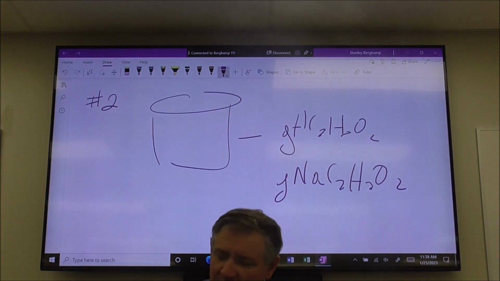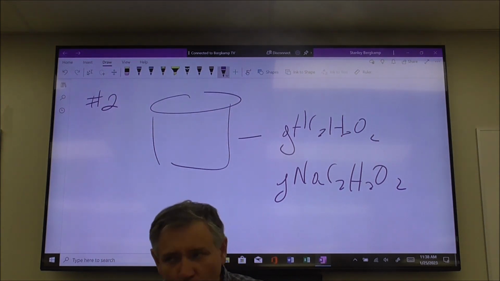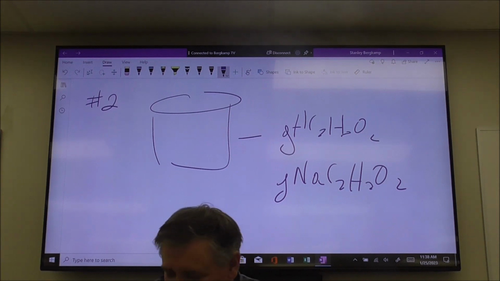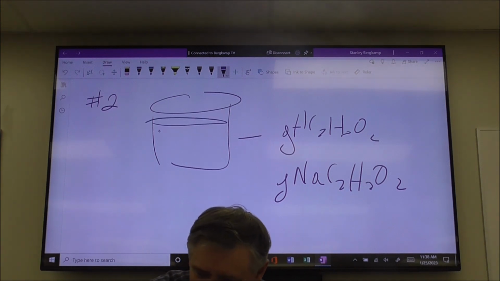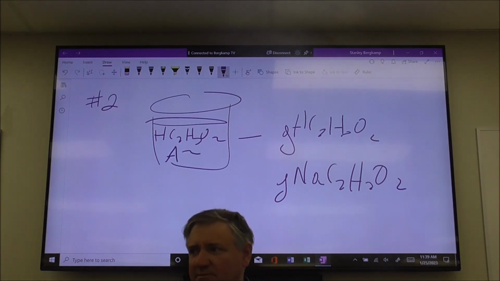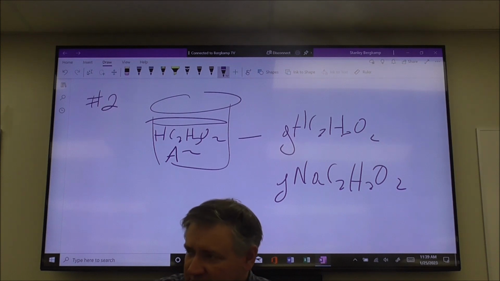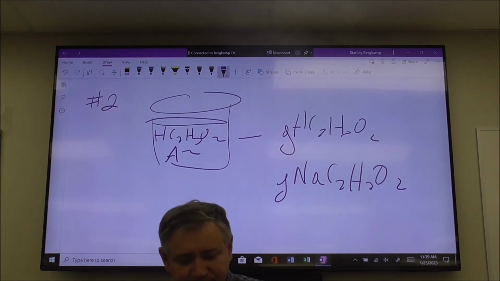And again, you have to visualize what's swimming around inside that beaker. You've got the acid itself swimming around, and you have the anions swimming around. This is going to be important for the lab that you're going to do today.